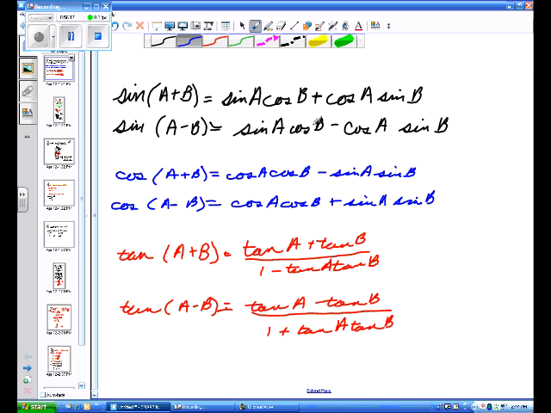So what we're looking at here is dealing with our sum and difference formulas and ways that we can use them to find exact values for other angles, angles that are sums and differences of 45, 30, 60, and then also given two functions, being able to find the sum or difference of the two angles, and then dealing with some identities.